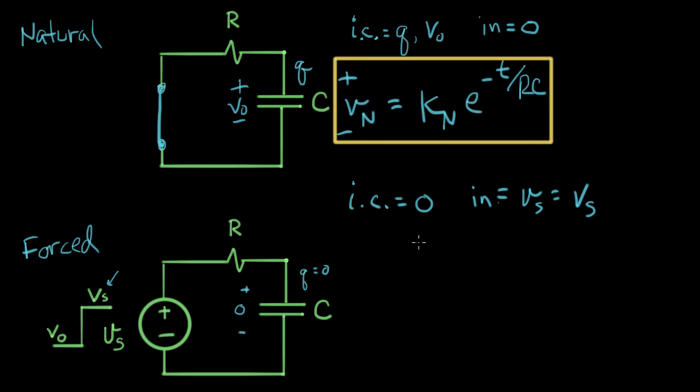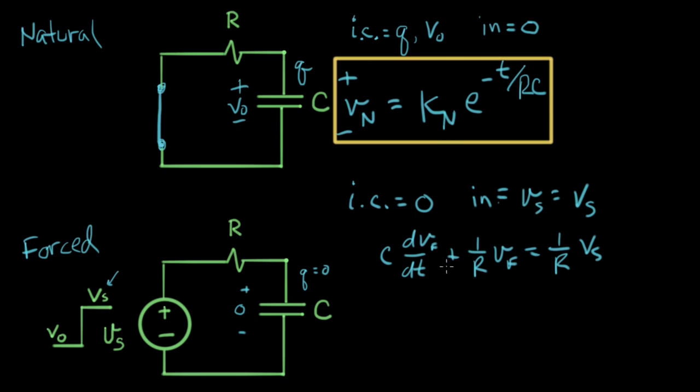And as a reminder, what we're trying to solve here is the differential equation from the previous screen. And that is C times dV/dt, and I'll put a forced in here, plus 1 over R times V forced equals 1 over R times Vs. I could plug in capital Vs here because we're trying to solve this for this initial condition.